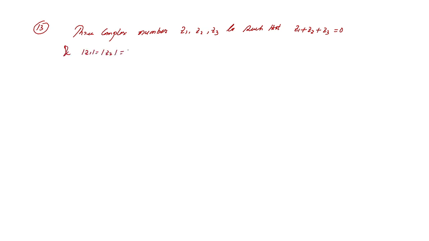Question number 13. Let three complex numbers Z1, Z2, Z3 be such that Z1 plus Z2 plus Z3 equals 0 and mod Z1 equals mod Z2 equals mod Z3.